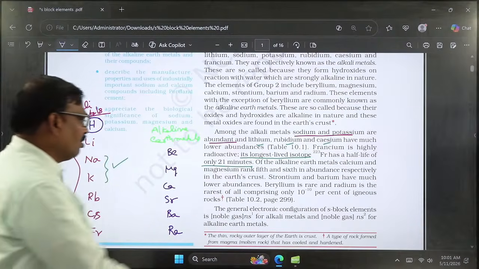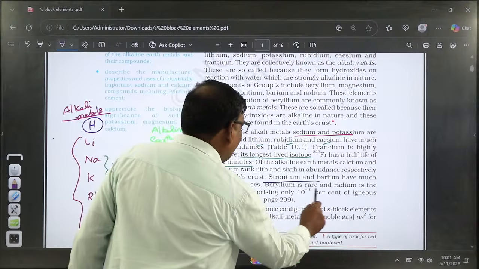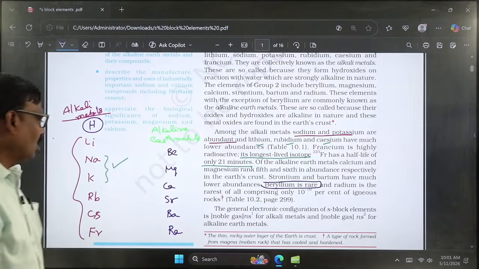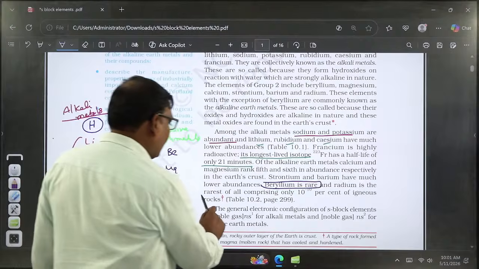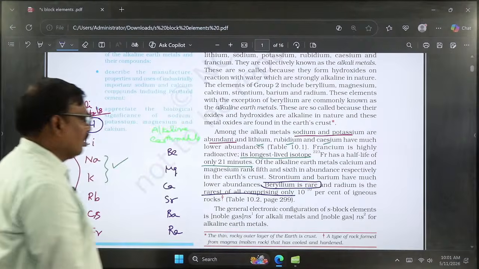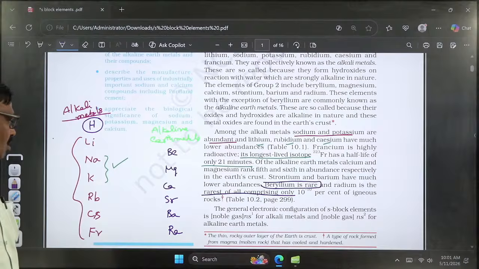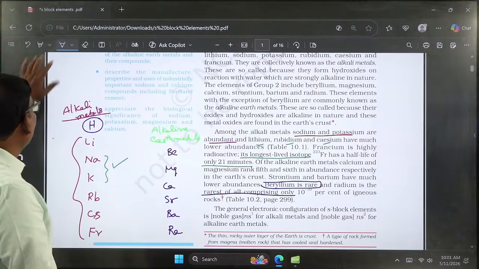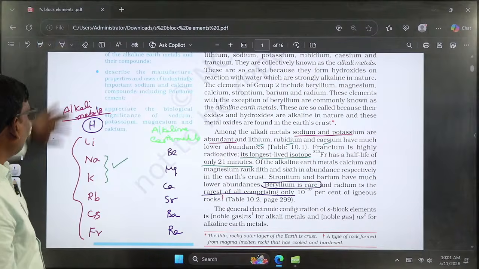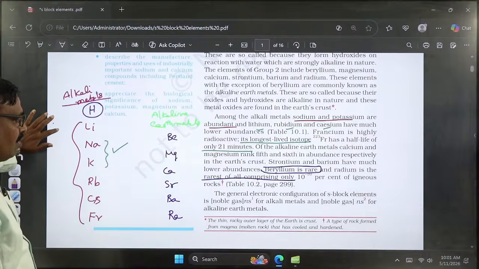Here beryllium is rarely available and radium is the rarest of all these elements. Very little amount of radium is available, and radium is also a radioactive element.